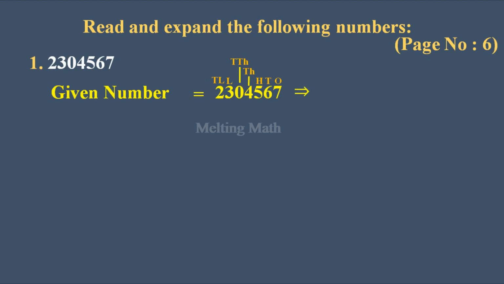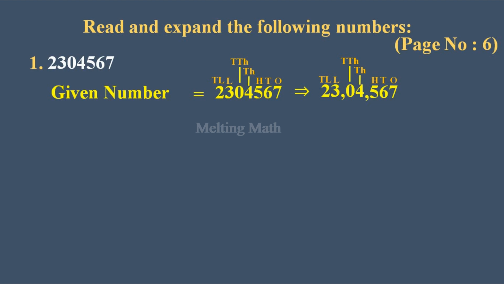Ones, tens, hundreds come under the ones period, so put a comma here. Next thousands, 10,000s come under the thousands period, so put a comma after this. Next lakh, 10 lakh come under the lakhs period, we need not put a comma in front of the number. So this is how we have to put the comma.